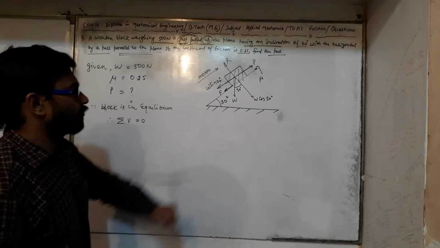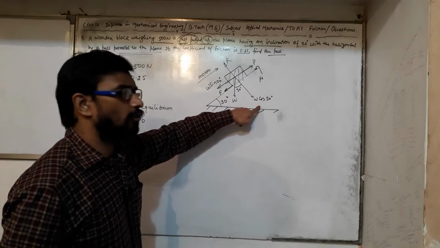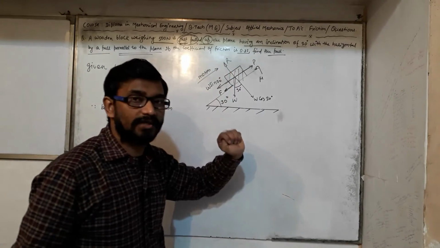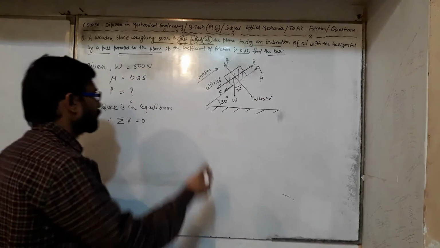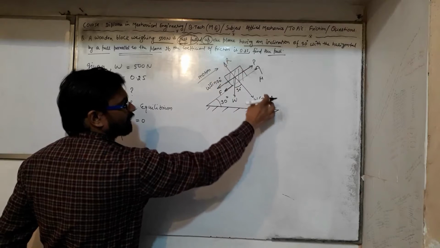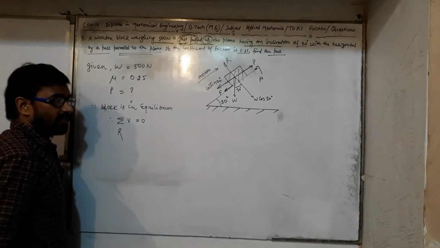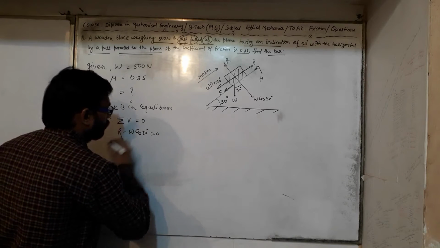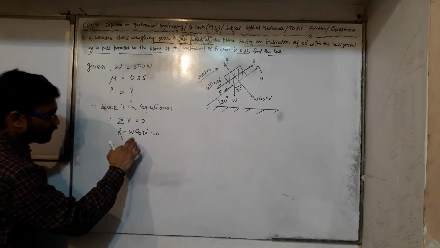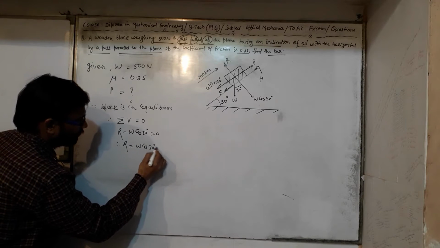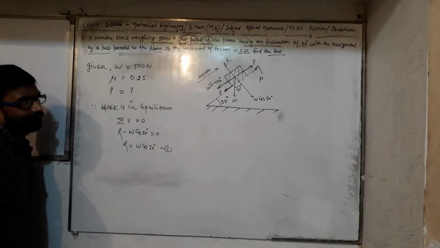Here there are two forces, one is R, another is W cos theta. Both are acting in opposite directions but along the same line of action. Taking R as positive, W cos theta will be negative. So R minus W cos 30 degree equals 0. So we can say R equals W cos 30 degree. Let us say it is equation 1.